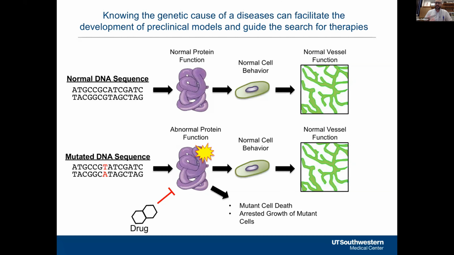So if we know what mutation is causing a particular complex lymphatic anomaly, we can use that information to engineer cell models or animal models of the disease, and we can use those models to better understand the molecular mechanisms driving the pathogenesis of those diseases and to test various therapies.